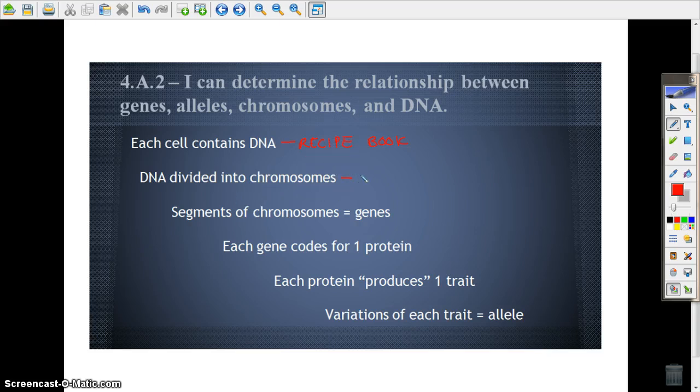And each chromosome we can think of as a volume of this recipe book. So we might have a volume that is our main course, one that's our salads, and ones that are desserts, but each recipe is going to be for a separate gene. Those segments on those chromosomes that are recipes, these genes are the recipes themselves.